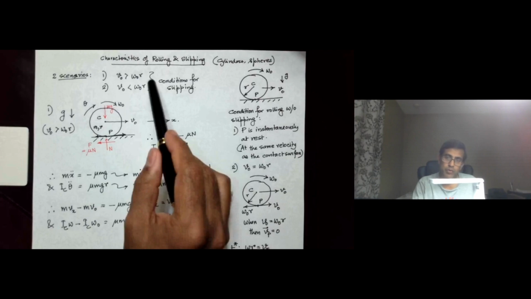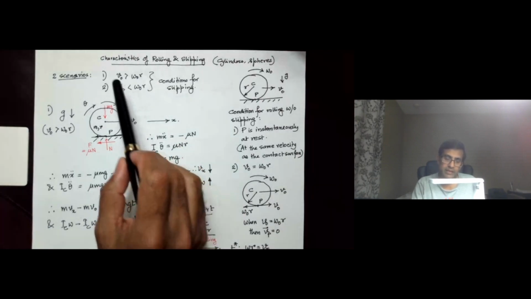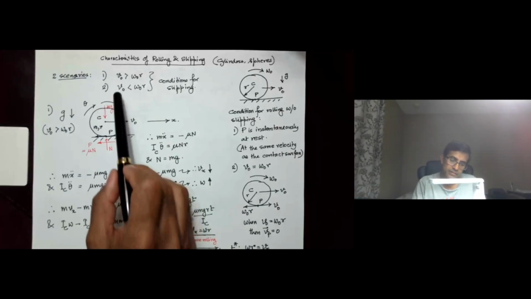So what happens if this equality is disrupted, which can happen in two ways. One is that V0 is greater than omega naught r, and the other is V0 is less than omega naught r. So these are the two scenarios in which the rolling without slipping condition is disrupted.